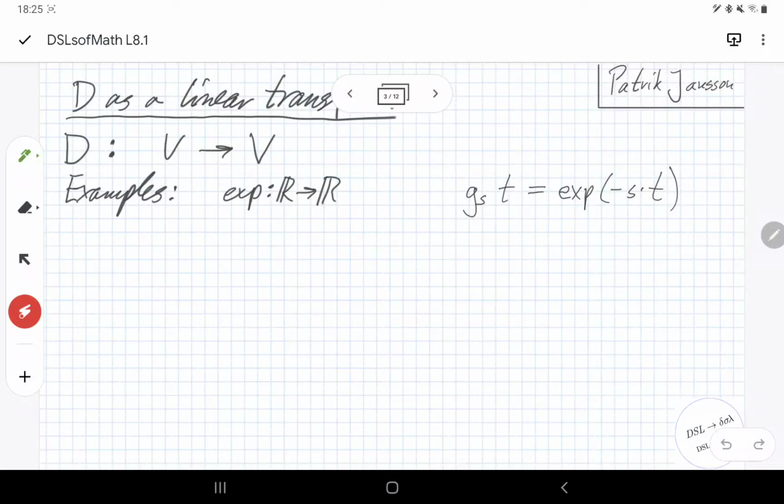So remember I said that v had as vectors all normal functions from R to R. So the normal exponential function is one element. So you may get confused here and think, well, exponential function, that's not very linear. But there is no requirement that the elements of the vector space be in any sense linear.